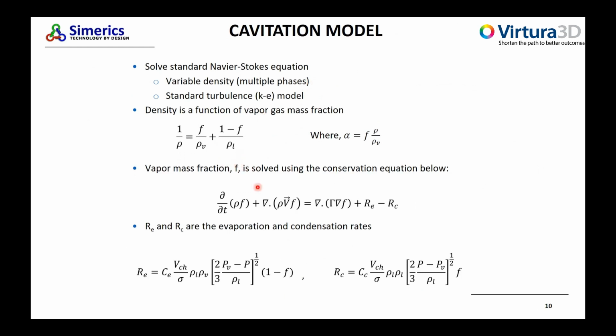For the vapor mass fraction, we use the conservation equation below. You'll notice that it's the standard conservation equation, but we have the evaporation and the condensation terms, which are the source and the sink terms in this conservation equation. We are showing here the evaporation and condensation rates, and how they are formulated.